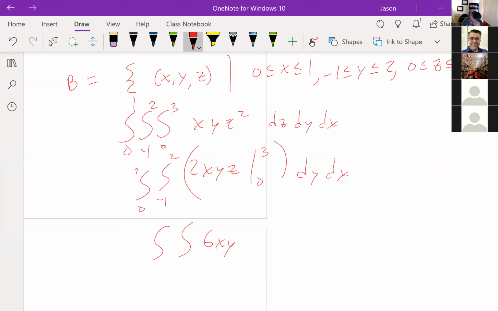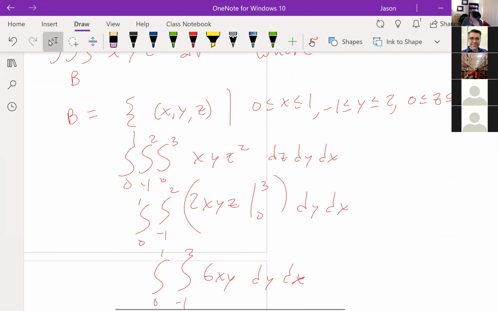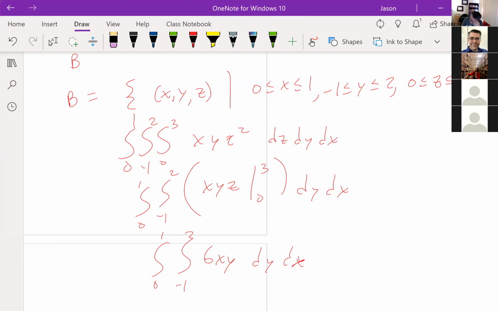Now it becomes a double integral, dy dx. Oops, did I do that wrong? I did that wrong. I'm integrating, not differentiating. This should be over 3.